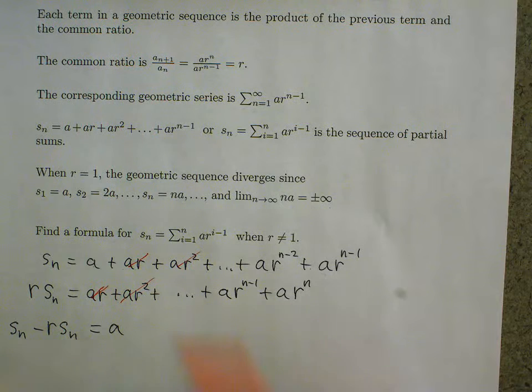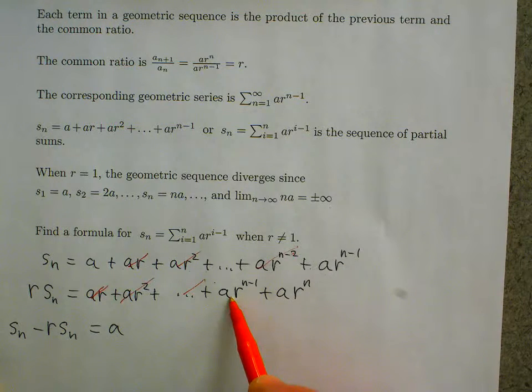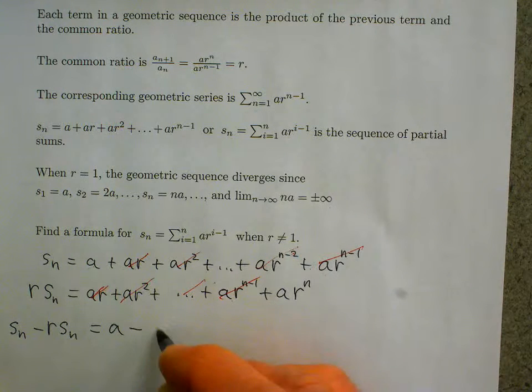And so on and so on and so on. I didn't write the a times r to the n minus 2, but that's going to subtract with the term that comes before this one. This term minus the same term is 0. And we're left with minus a times r to the n.